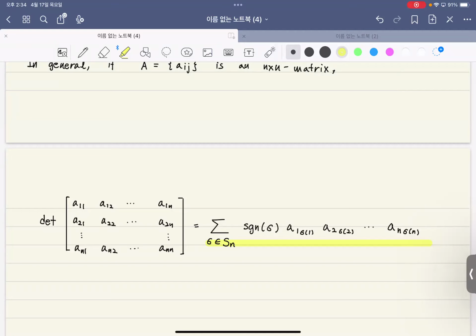So, this formula looks very beautiful and very elegant. Yeah, I agree on that. But we will actually need a better formula than this.